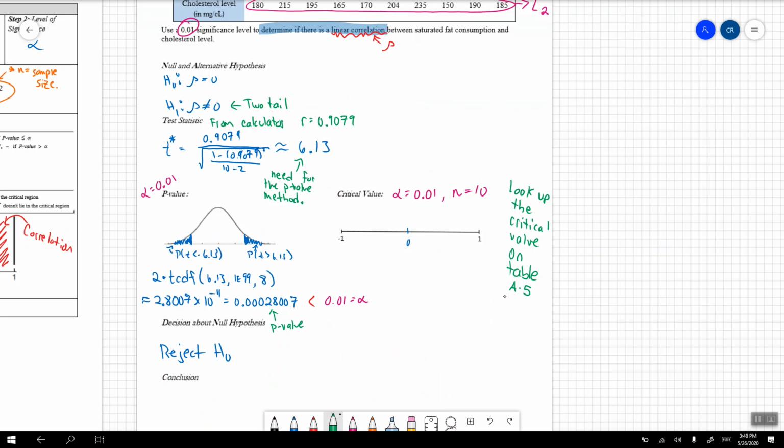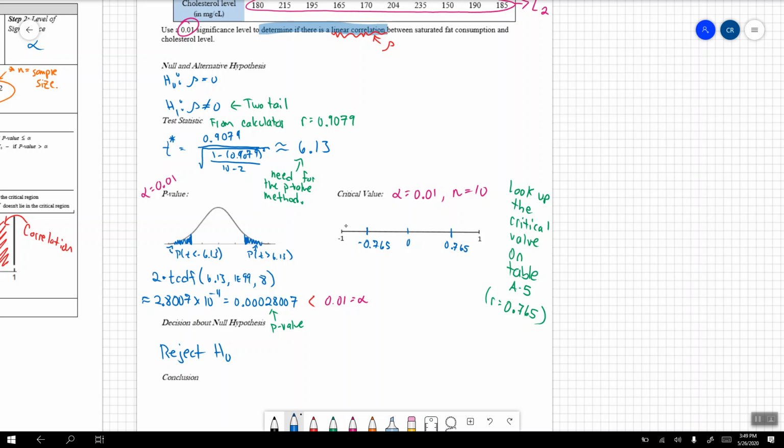Now that we found it, let's go back. Alright, so from the table, we know that we get r is equal to 0.765. Now watch what I'm going to do. All I'm going to do now is put those values right in here. This is going to be negative 0.765, and the other one is going to be 0.765.